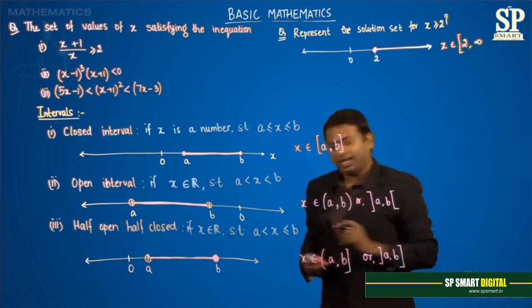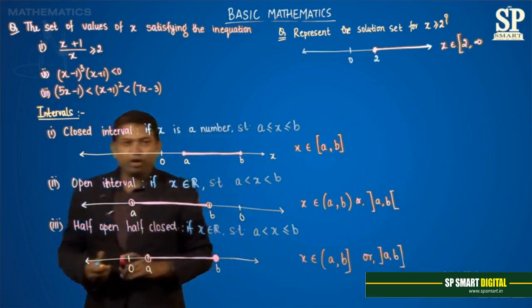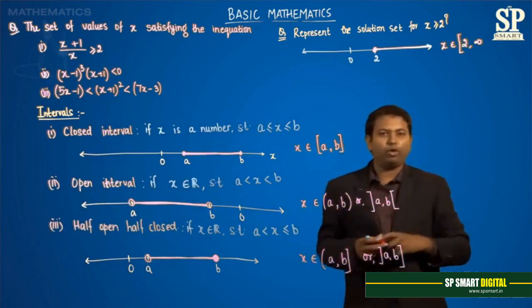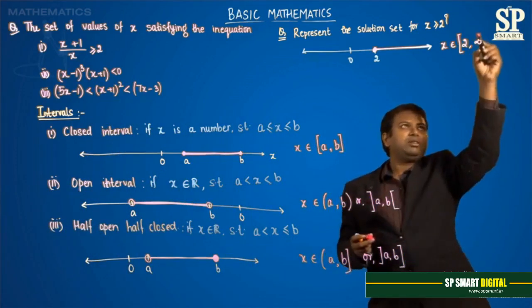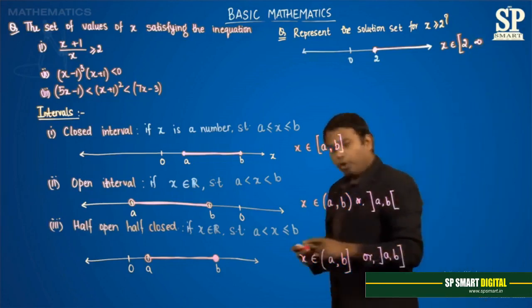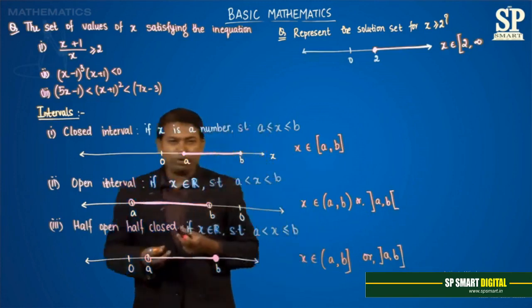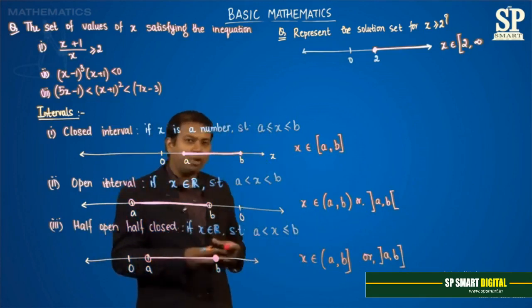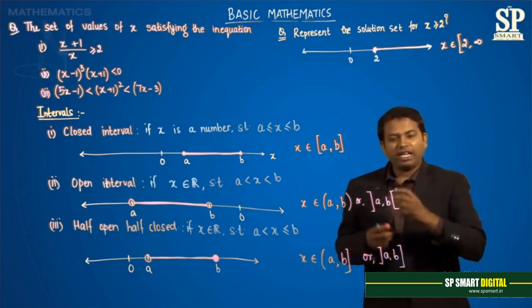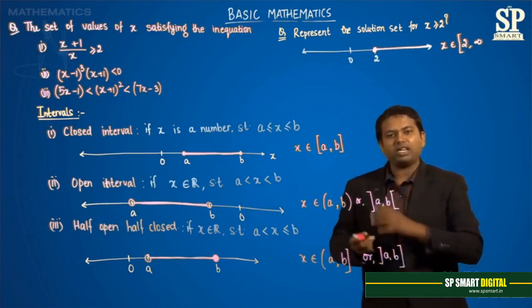So the question here is, which bracket do we put on the right side? Shall we put closed one or shall we put open interval? The idea is infinity is something which is not bounded. By not bounded I mean it cannot be contained in some number.